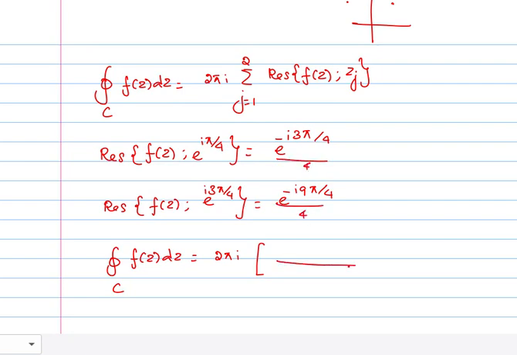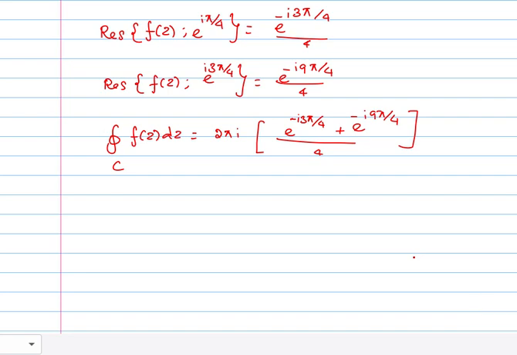So divided by 4, exponential of minus i 3 pi divided by 4 plus exponential of minus i 9 pi by 4. If you find this value, you will get pi over square root of 2.